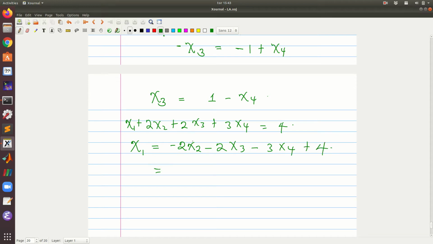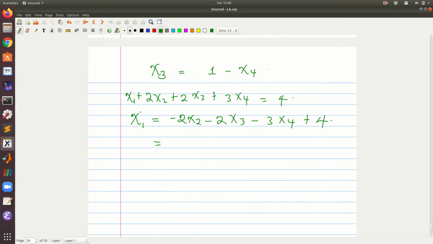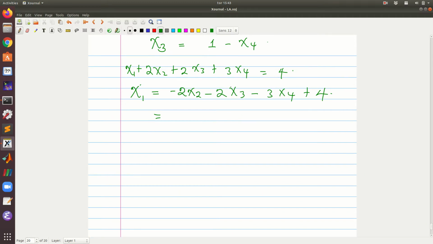Okay, so x1 we said is basic, x2 is free, and x4 is free. So we substitute for x3 because x3 is basic. So we are going to substitute for x3 the expression we already have here in terms of the free variable x4. So that is what we do. You just substitute where you have x3, then minus 3x4 plus 4.